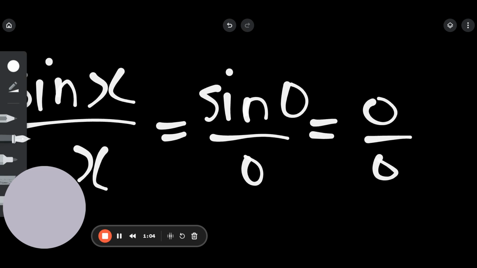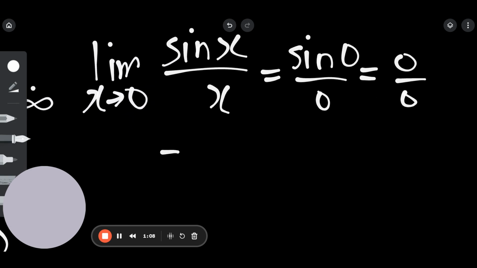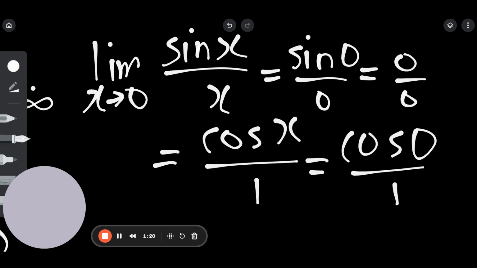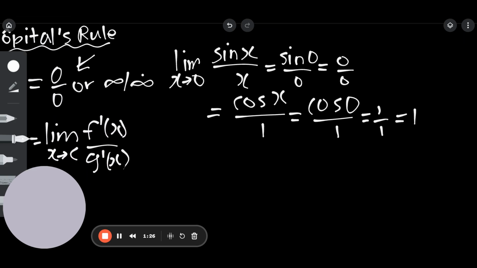This is an indeterminate form, so it cannot be solved this way. So instead, it's equal to the derivative of sine x, which is cosine x, over the derivative of x, which is just 1. And then when you plug in 0 for x, you get cosine 0 over 1. What is cosine 0? Cosine 0 is just equal to 1. And 1 over 1 is just equal to 1. So that's how this essentially works.